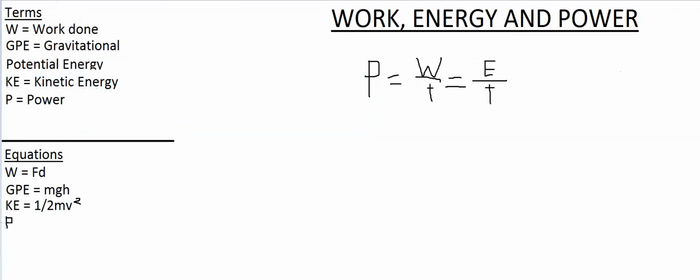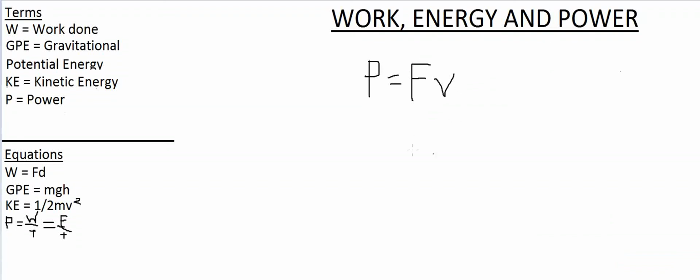There's actually another equation for power, that is P equals Fv, where F is the force and v is the velocity. Why is this so?